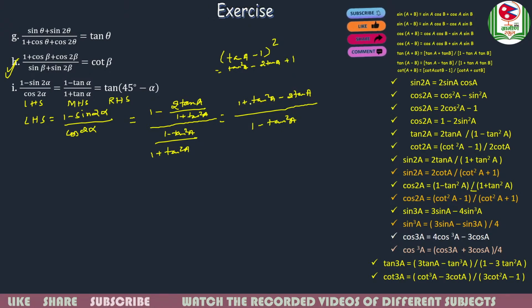So you can relate the expression 1 plus tan squared A minus 2 tan A to (tan A minus 1) whole squared.